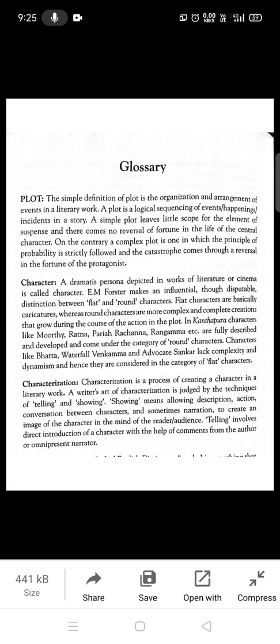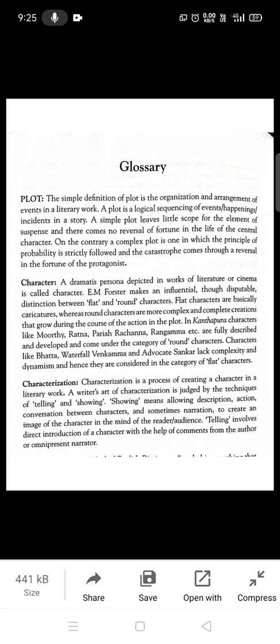It means first a particular incident takes place, then the next one, and then the next one. In this way, one episode follows the next, one incident follows the next. So this is the sequence of various events and incidents which makes a story.